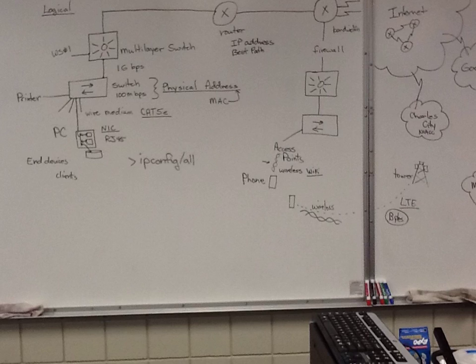Then here's the big picture. So we have end devices or clients, and then maybe we have a server over here at Google. We can literally go through the internet to there, and then they can send the information back. Alright, the internet is a combination of all these routing devices to route the packets of information through.